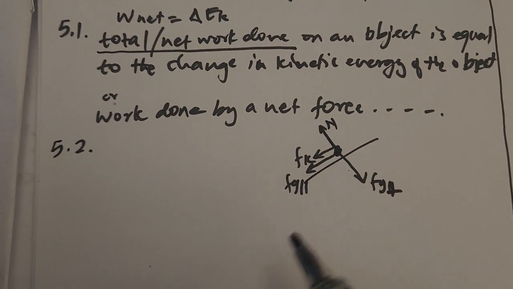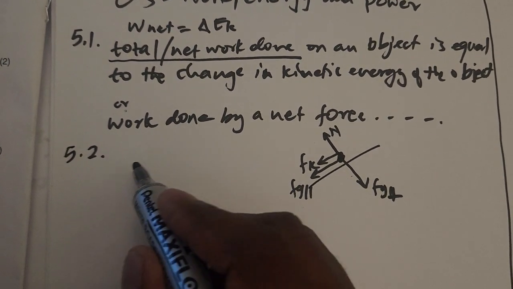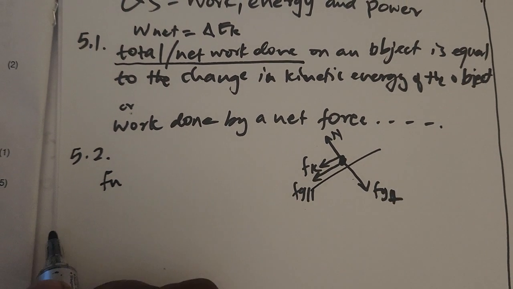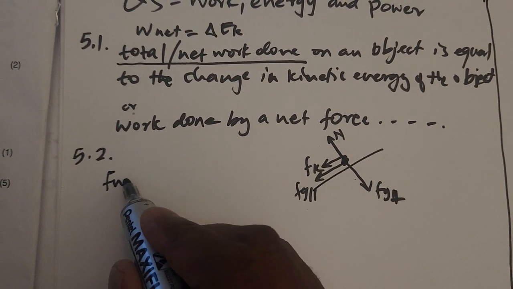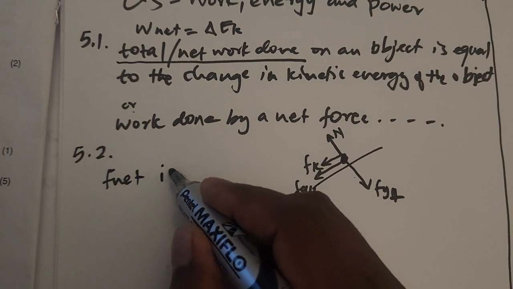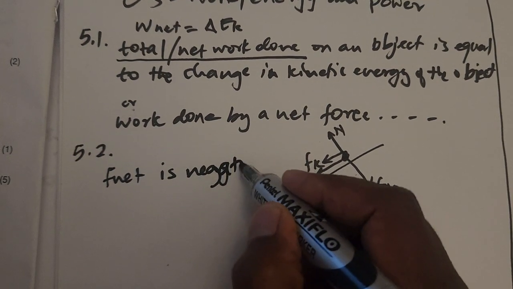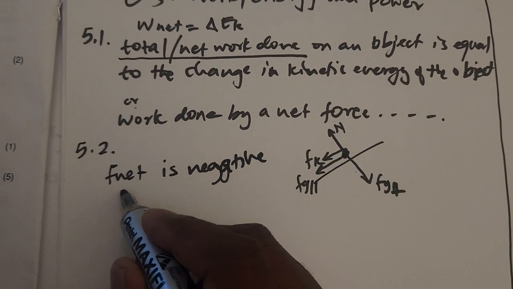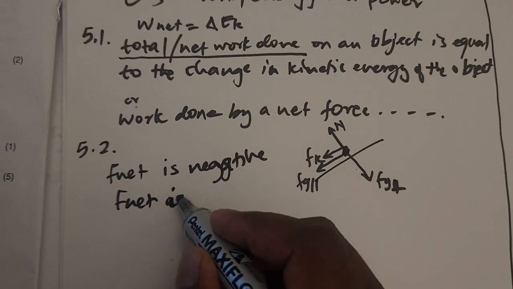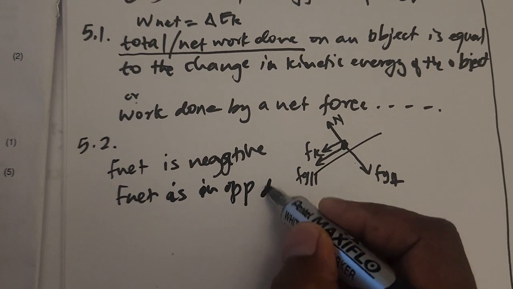This is the free body diagram. Now looking at this, you can just say the F net, which is the sum of FK and FG parallel. F net in this case is negative, that is the first one, or F net acts in opposite direction.